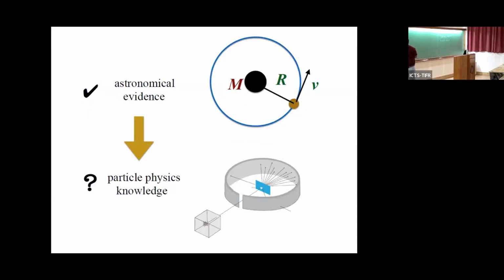Now, all the evidence for dark matter that we have, as I said, is via the force of gravity and astronomical in nature. But if you really want to know the microscopic identity of some unknown entity, you better get its particle physics fingerprints, right? That's how we know so much about the Standard Model.